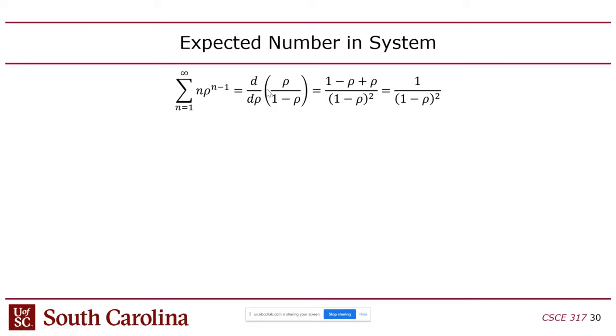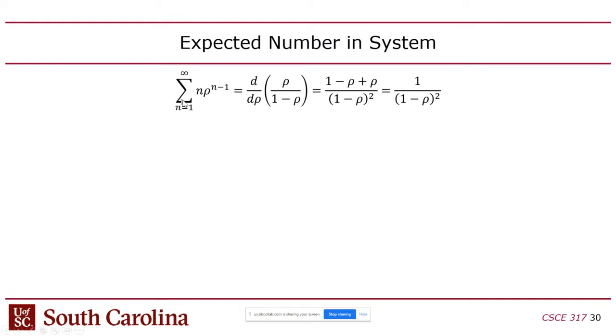So we found a summation that's the derivative of another summation that breaks down into this nice form. And you might say, what in the heck? Who cares? Why would you do that? Well, it's because I can then take the derivative of rho over 1 minus rho and get 1 over 1 minus rho squared. So in other words, I found a way to eliminate the summation.